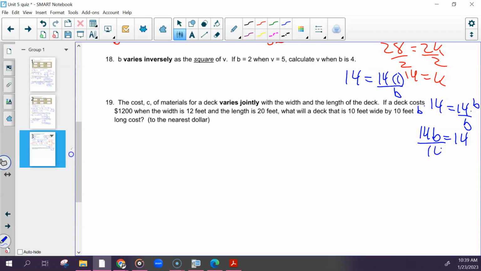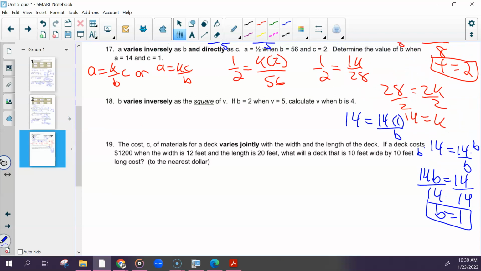And then divide. B should have been 1. So some of you put C in the denominator, and that really threw everything else off. So you ended up with a way different answer. Questions on that one?